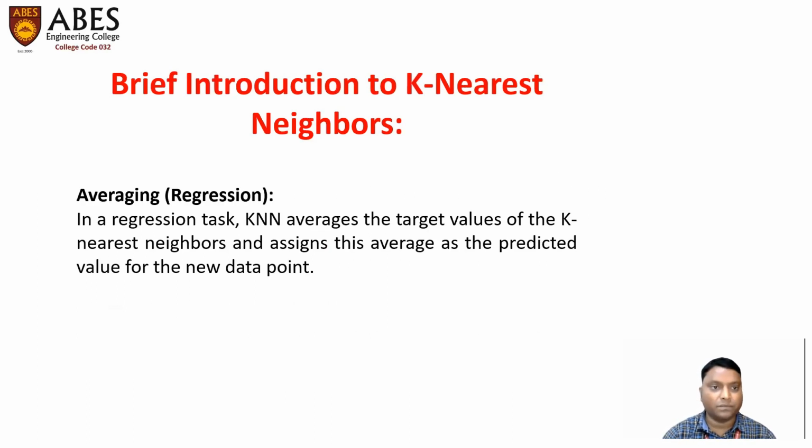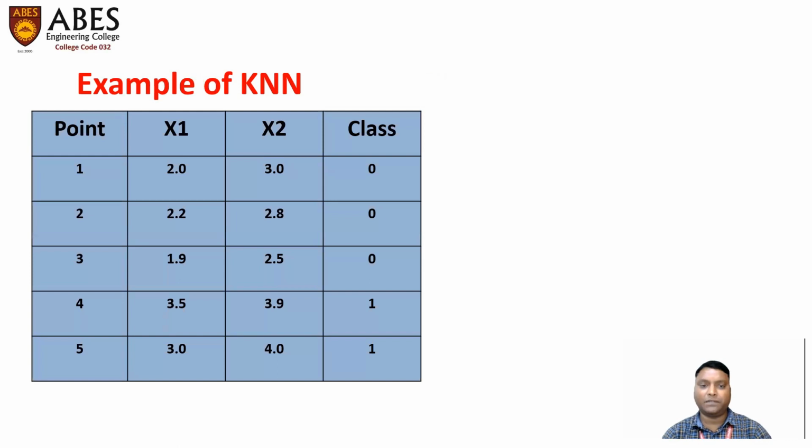So this is the example of KNN. Suppose we have 5 points, as you can see in the diagram, and two data points x1 and x2 belong to various classes. Like x1, the coordinates of x1 are 2.0 and 3.0, and it belongs to class 0.